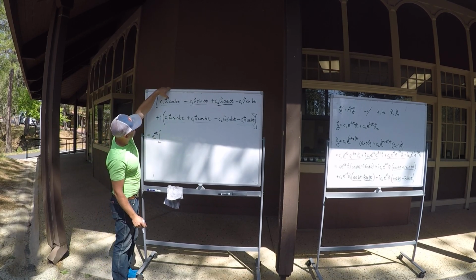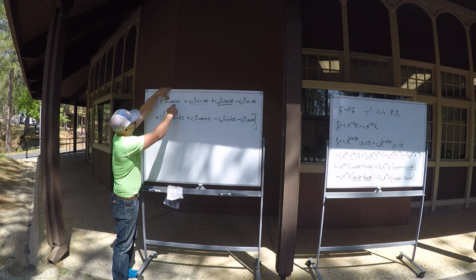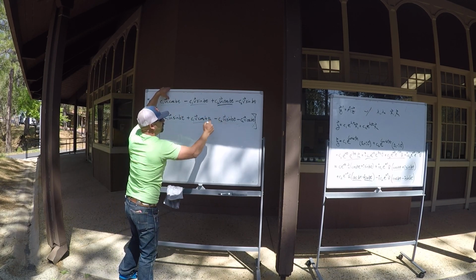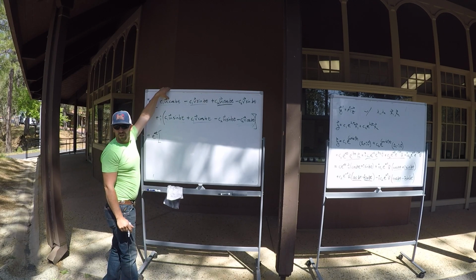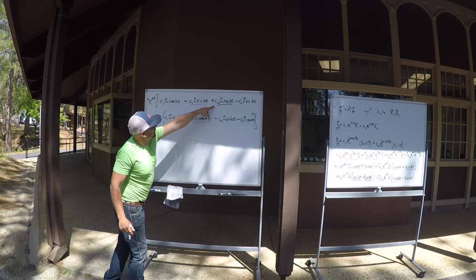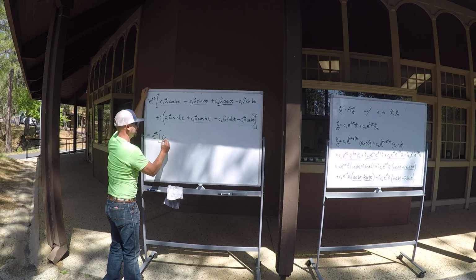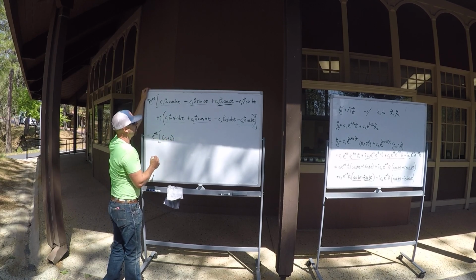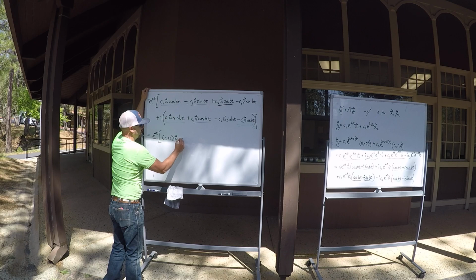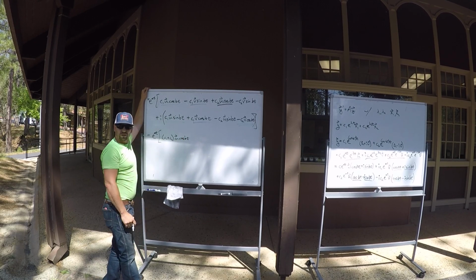Now, looking at my u cosine bt's, I have two of those. There's c1 of them over here and c2 of them over there, so all told I have c1 plus c2 u cosine bt's. You guys see that?